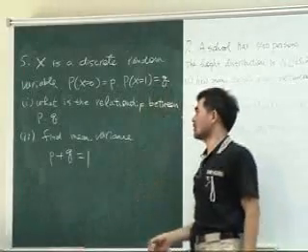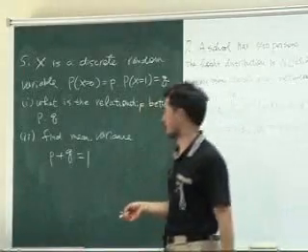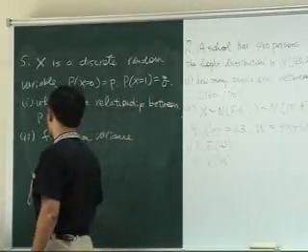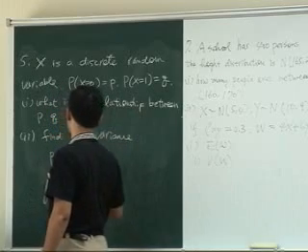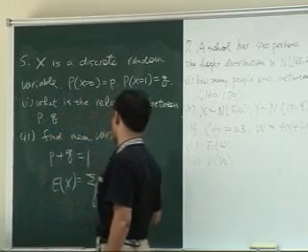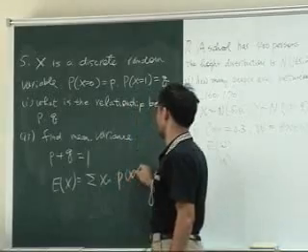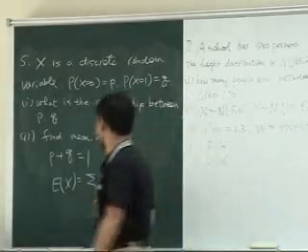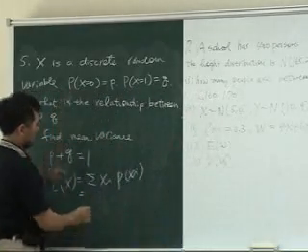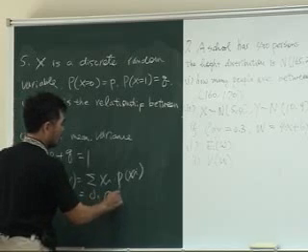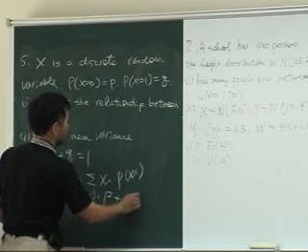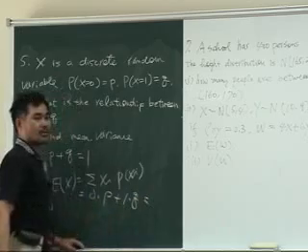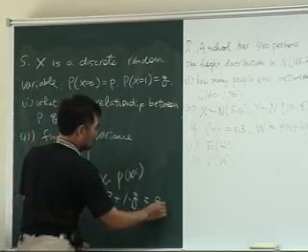Okay, what about the mean and variance? That's easy, right? Expectation of x is equal to summation xi p(xi), right? So here you have 0 times p plus 1 times q. So the mean is equal to q.